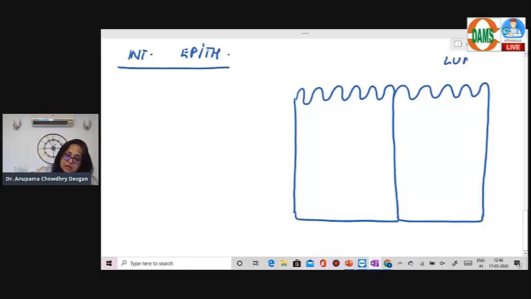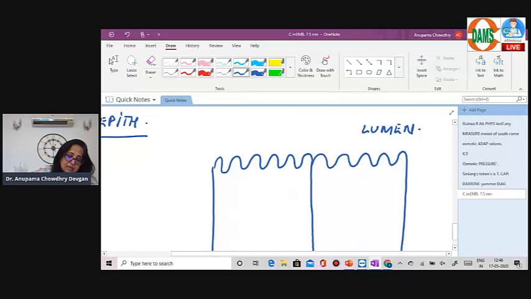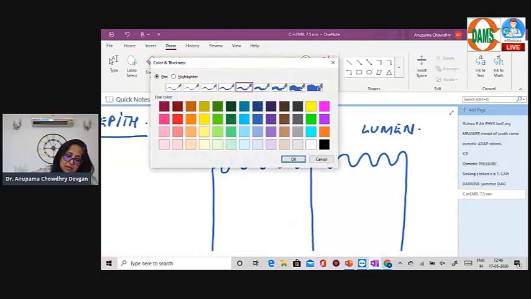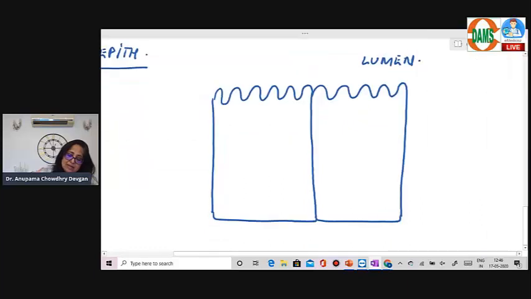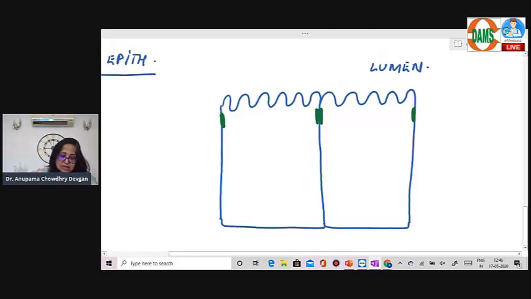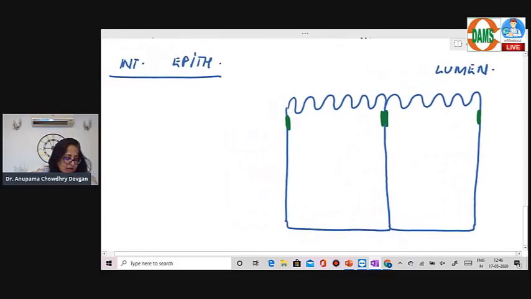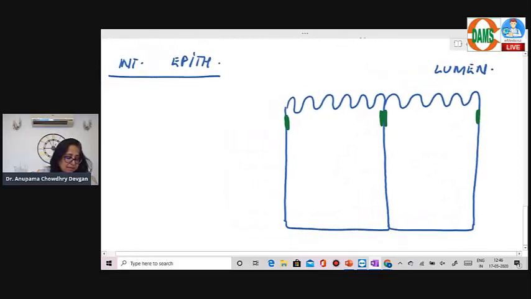Obviously this is the lumen here. Between the cells on the luminal side, you have these tight junctions.